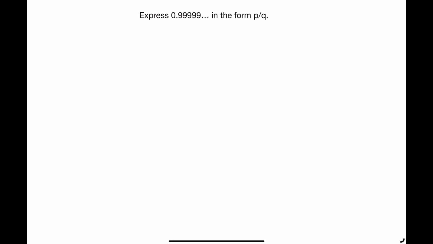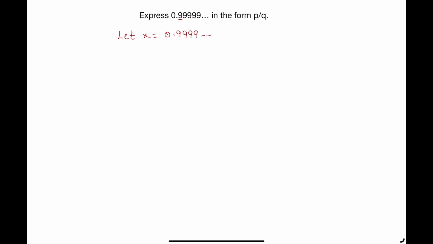Hi everyone. So let us see how to convert 0.999 and so on into rational form, or p over q form. You can see here there is only one digit 9 which is repeating. So let x equal 0.999 and so on.